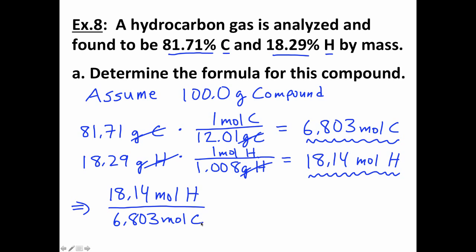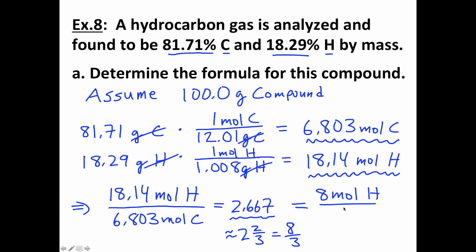And that mole ratio, moles of hydrogen to moles of carbon, turns out to be 2.667. And if you remember your fractions, 2.667 is about 2 2/3. And 2 2/3 is 8/3. And so essentially this ratio is an 8:3 ratio in terms of moles of hydrogen to moles of carbon. And that's a whole number ratio, moles of carbon to moles of hydrogen.